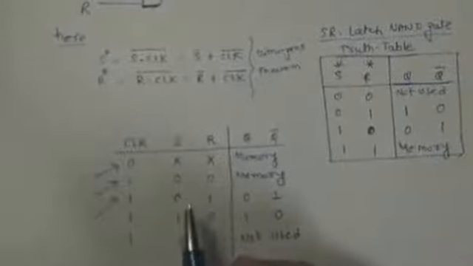Now let us take another step in which now we are making S is equal to 0 and R is equal to 1. So now coming back to this, apply the clock. Now S, we have made S is equal to 0 and R is equal to 1. So this will become 1 and this will become 0.